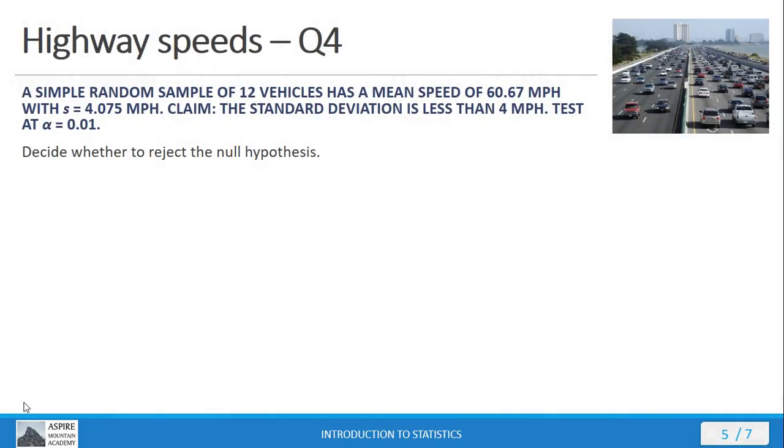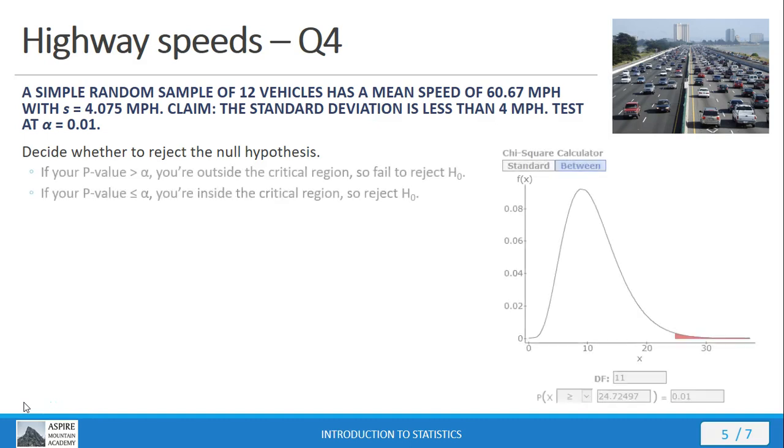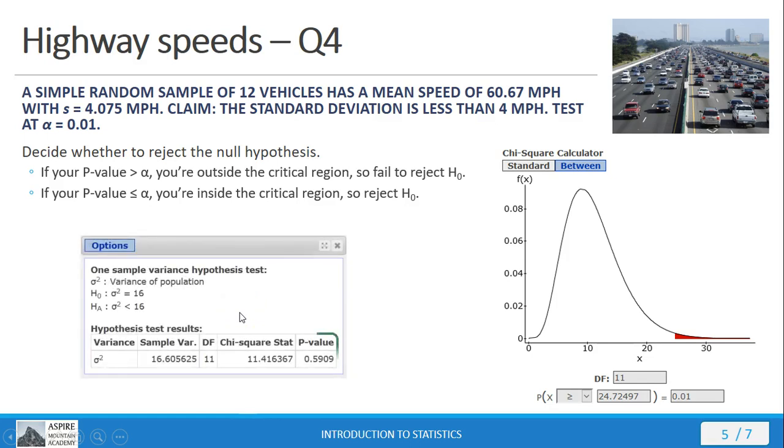Are you going to reject the null hypothesis or fail to reject the null hypothesis? Well, we can use the p-value to figure that out. We're comparing it with this tail in our distribution here. This is our critical region, which has the size of alpha. So there's our 1% for alpha. That's the size of the critical region here. The p-value is going to be from this results table here.